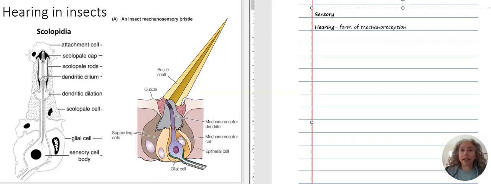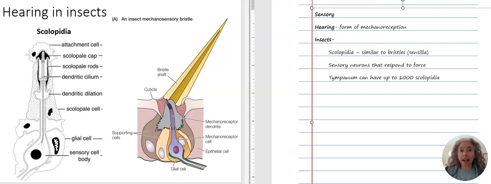Hearing organs in invertebrates and vertebrates are similar to the bristle or hair sensory neurons on the exoskeleton or skin, but with a bit more complexity. Insects have auditory mechanoreceptors called scolopedia. These are highly specialized structures made of bipolar sensory neurons and surrounded by many accessory cells.